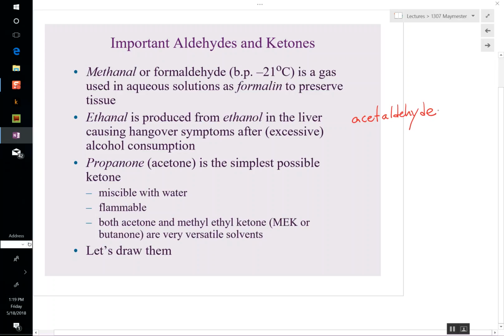It's produced in the liver when you drink an alcoholic drink. The ethanol goes through the liver and is metabolized to ethanal. This is what gives hangovers. It's not the alcohol, it is the ethanal that is produced in the body from ethanol.